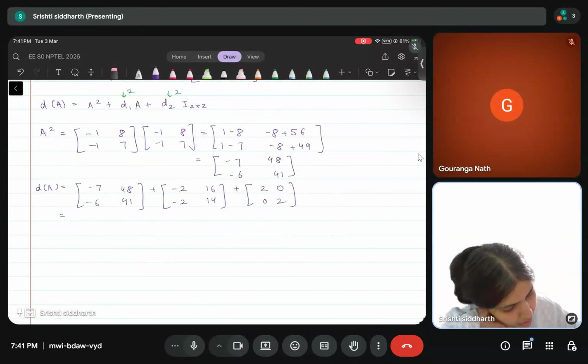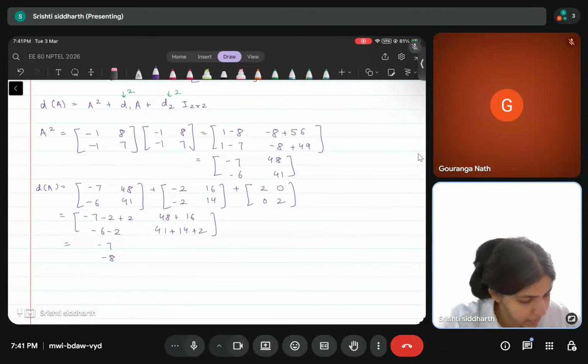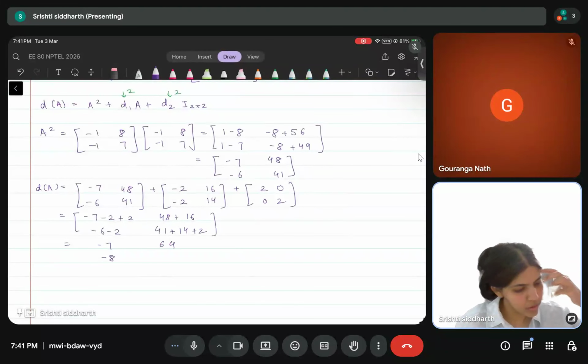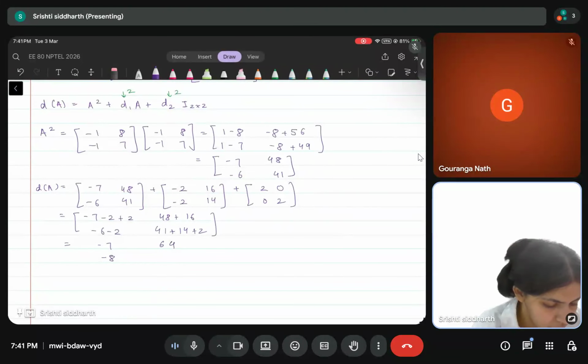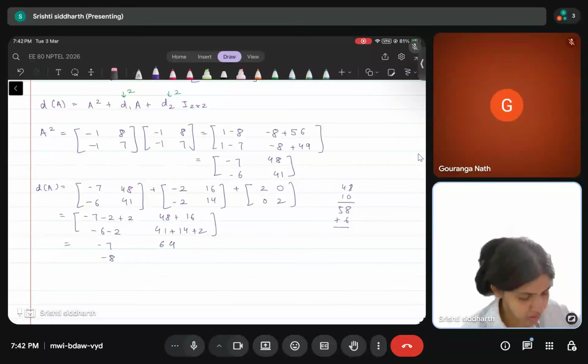This becomes minus 7 minus 2 plus 2, 48 plus 16, 41 plus 14 plus 2. This is 64. Then we have 4, 5, 6, 7.